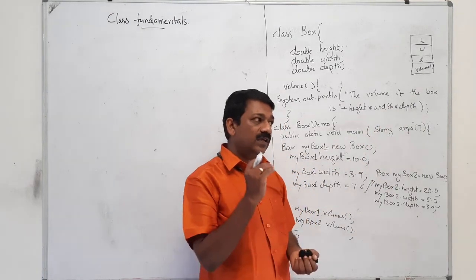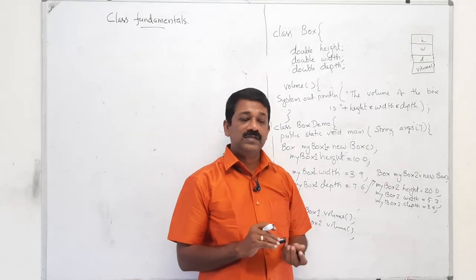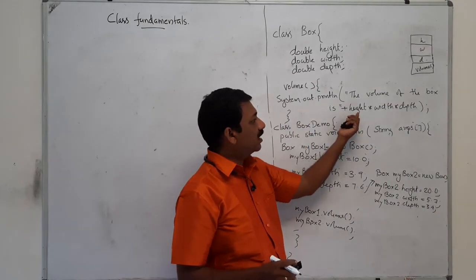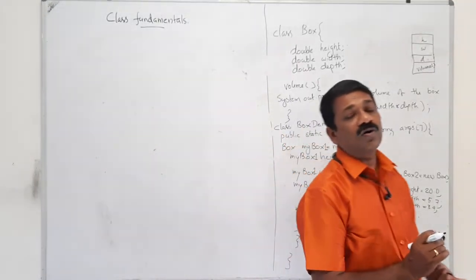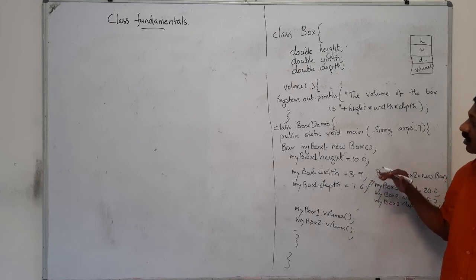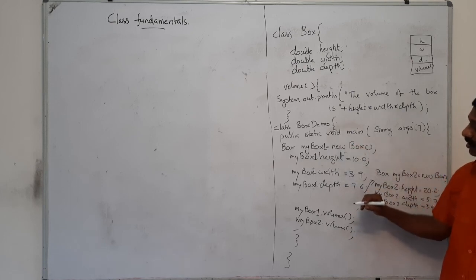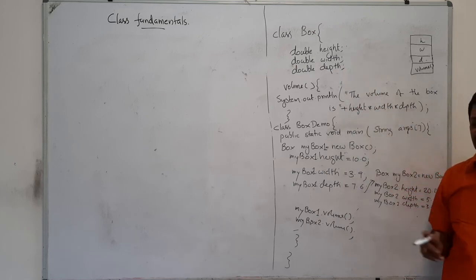Whenever that volume is referenced, it prints the volume of the box which is referenced by the main program. Now we have created two boxes and the volume of the two boxes is printed.